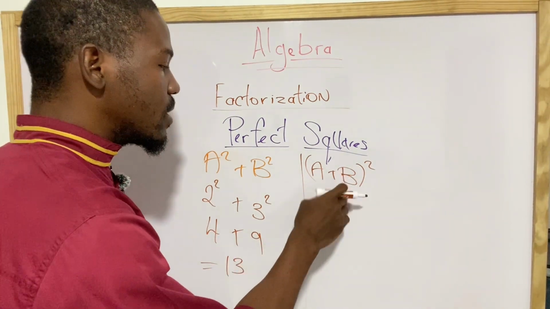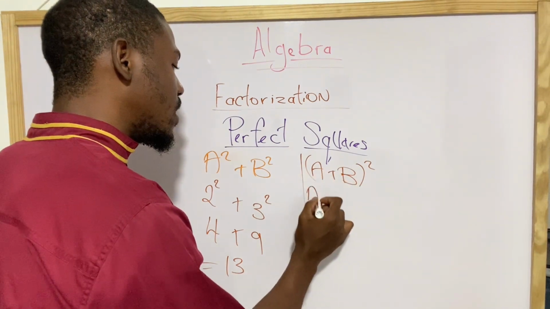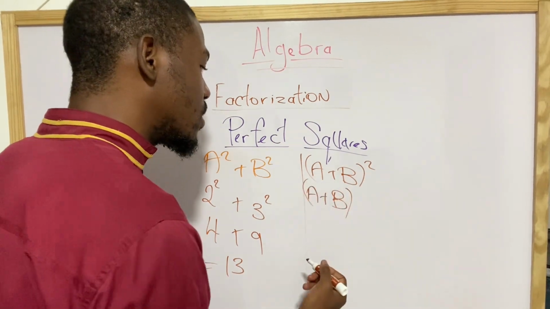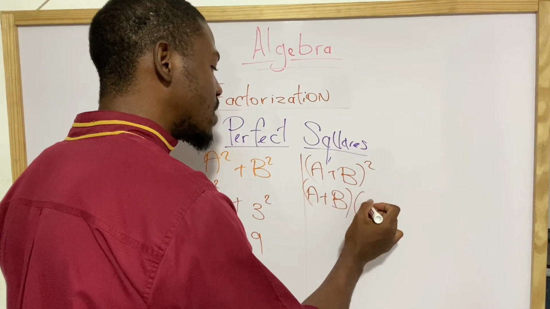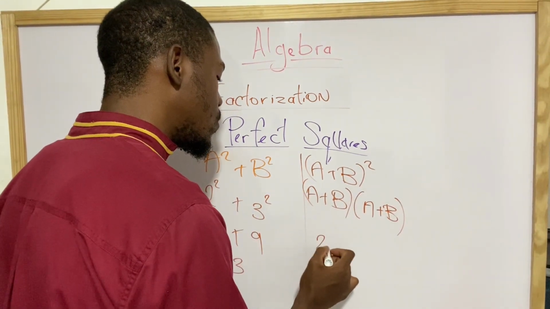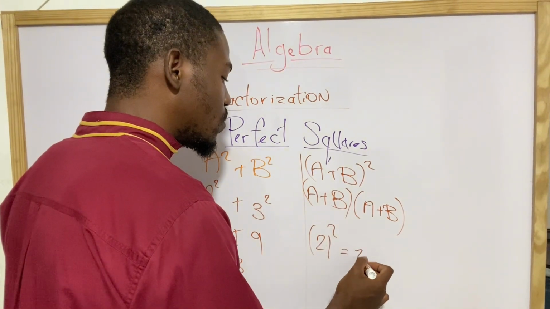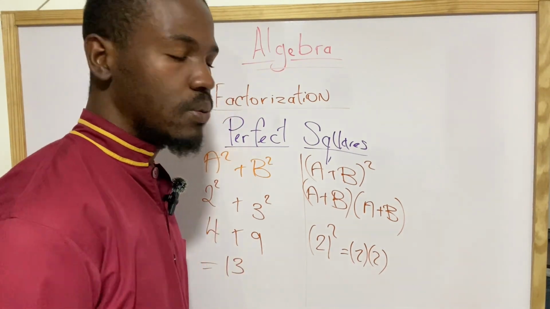Now, what a plus b all squared is literally saying is that a plus b is being squared. So a plus b times a plus b. It is just the same as saying 2 in brackets squared, which is 2 times 2.